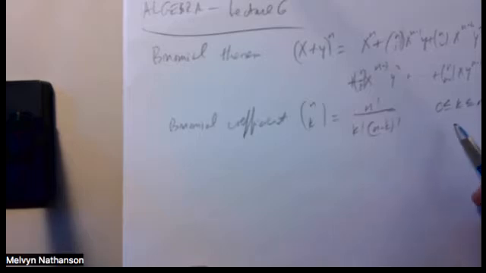And I remind you, k factorial, for every positive integer k, is the product of the first k positive integers, and 0 factorial is defined to be 1.